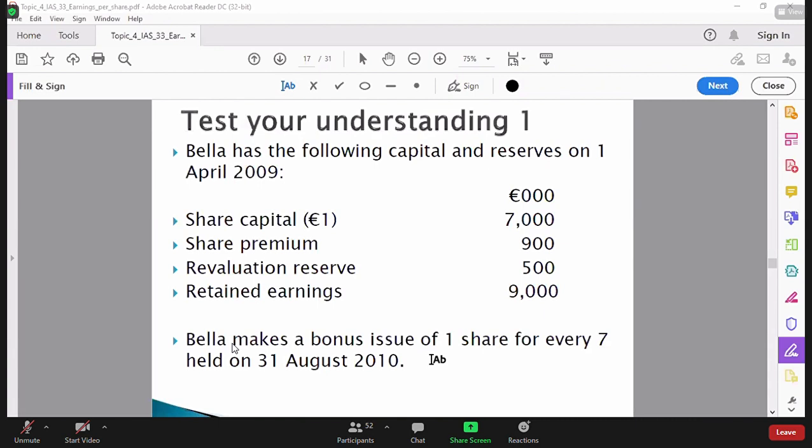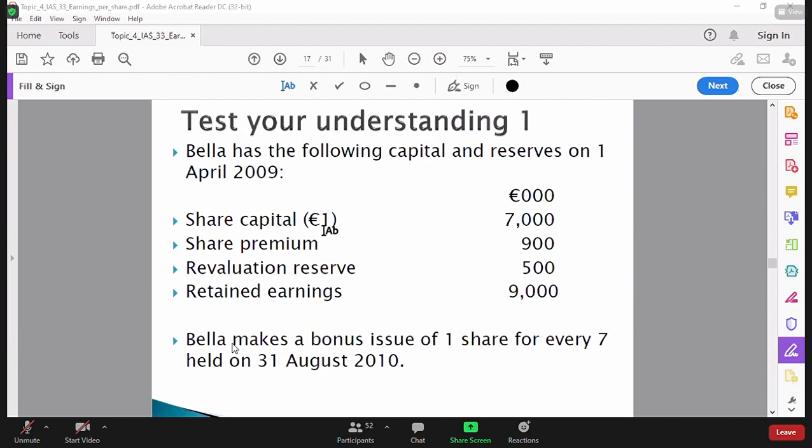Bella makes a bonus issue of 1 share for every 7 held on 31st August 2010. The share capital is 7 million. Now you also have to look at the nominal value. The nominal value is 1, so the number of ordinary shares is 7,000, also 7,000.